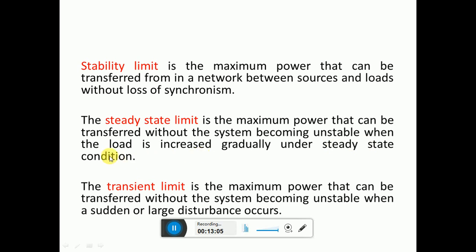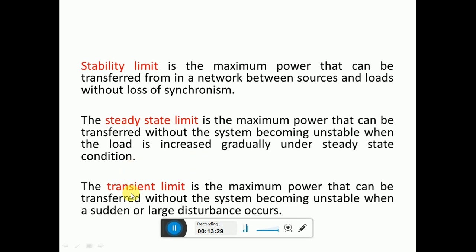And the example for this: if we gradually increase the load under steady state condition, that becomes steady state stability. Therefore steady state limit is the maximum power that can be transferred without the system becoming unstable when the load is increased gradually under steady state condition.